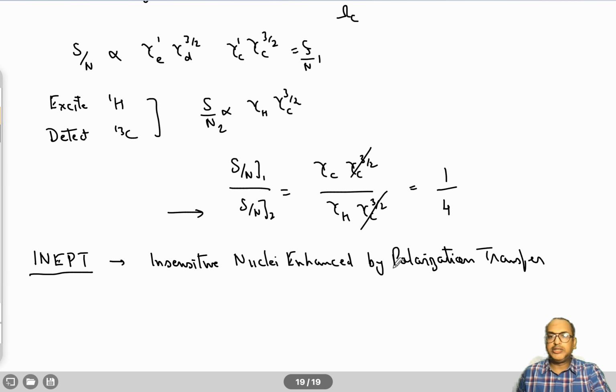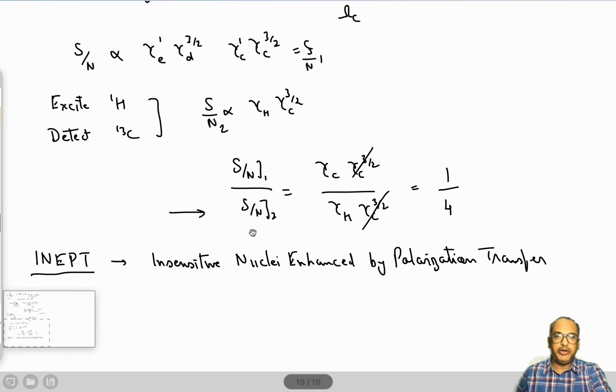So what you are doing is transferring the polarization from sensitive nuclei to insensitive nuclei, and hence the sensitivity is increasing. Okay, so let us see what we do in this.